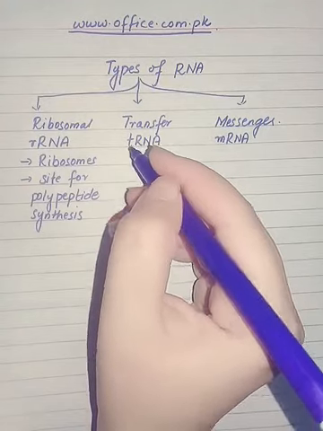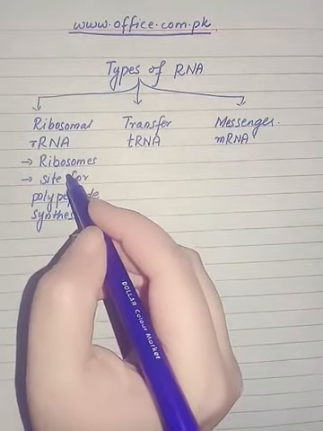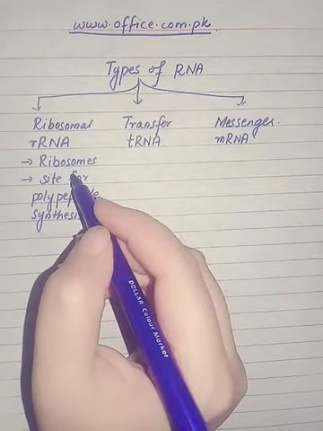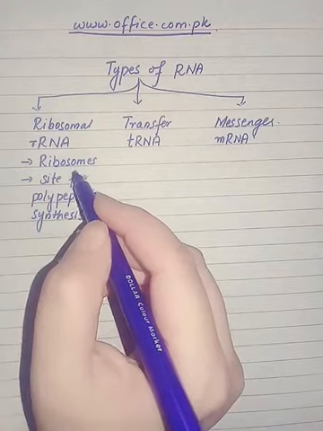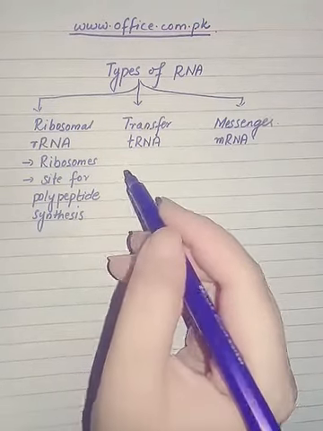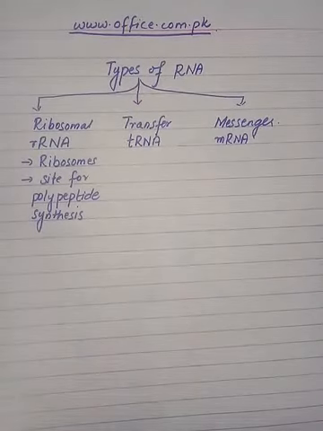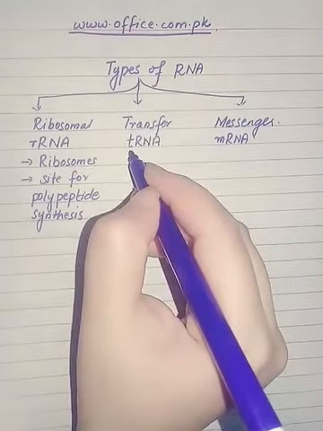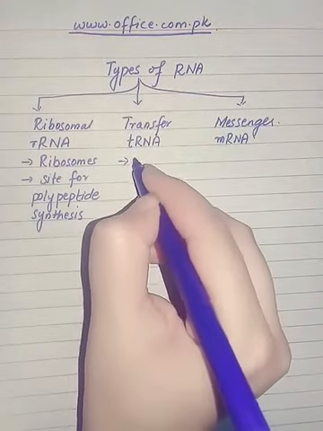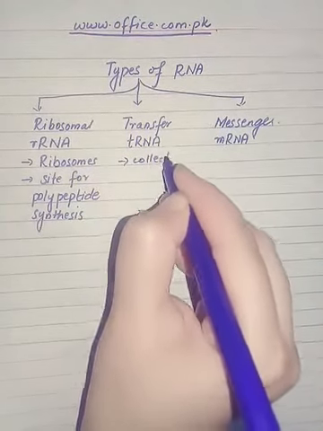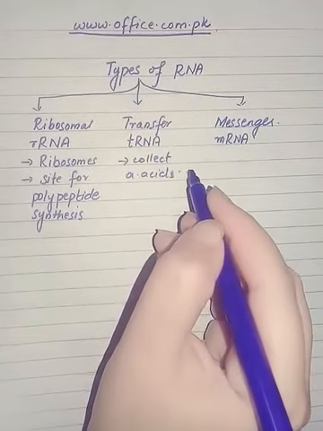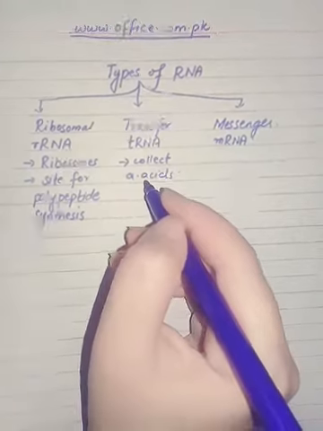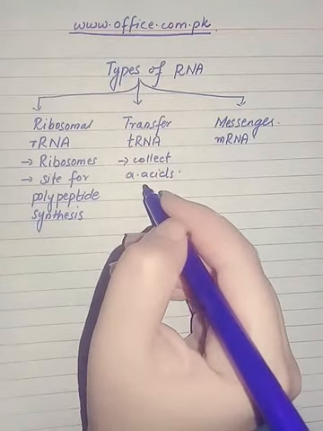These are very important because ribosomes receive instructions from messenger RNA about making the protein. Then ribosomes send a signal to transfer RNA. They then move to the cytoplasm and collect the amino acids according to the whole recipe of that protein. They collect the ingredients, or you can say the amino acids.